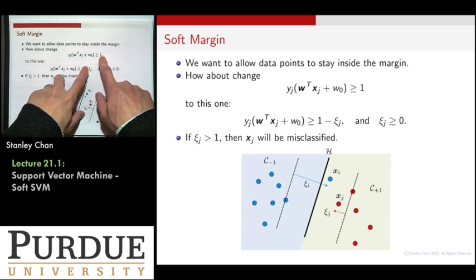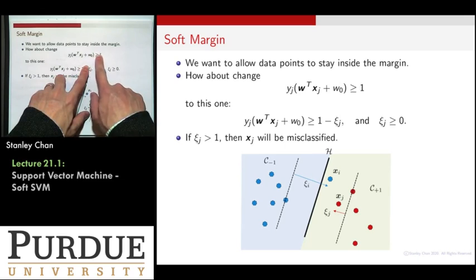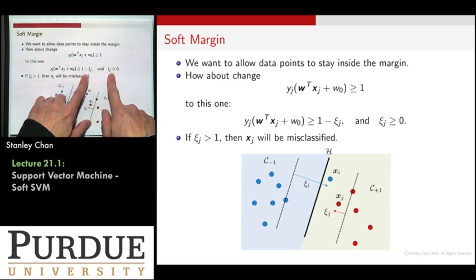Now, can I make a small change to this formulation by subtracting from the right-hand side a number psi j, with the condition that all the psi j's are positive?